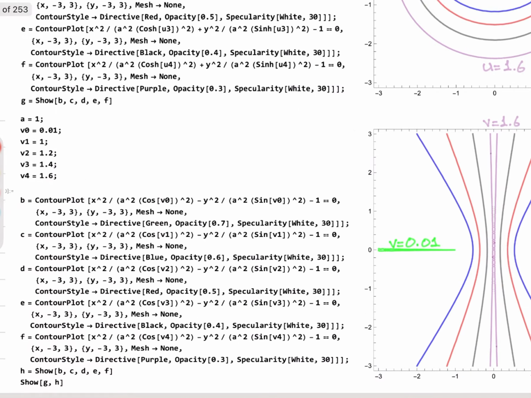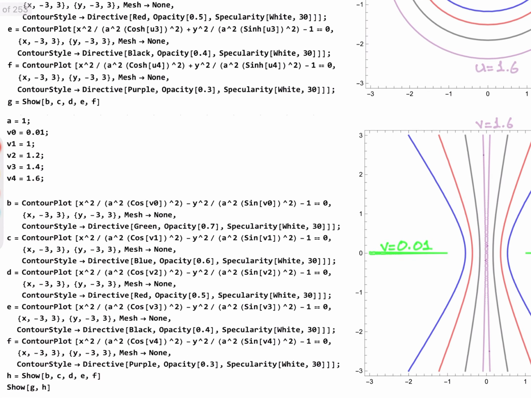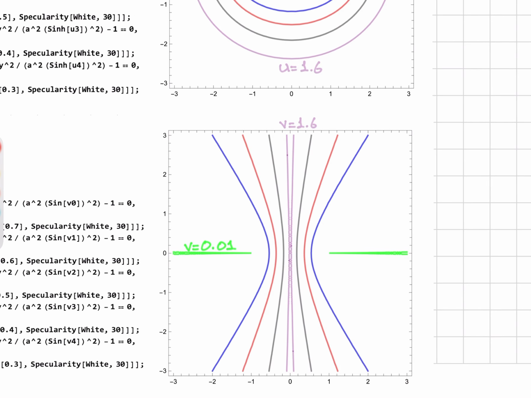Now for constant v surfaces, I do the same thing, set a is equal to 1 and v is equal to a constant, and this time I have x squared divided by a squared cosine square v0 minus y squared divided by a squared sine square v0 minus 1 equals to 0. These are hyperbolas you can see here, and this is basically v is equal to 0.01, this is v is equal to 1.6.